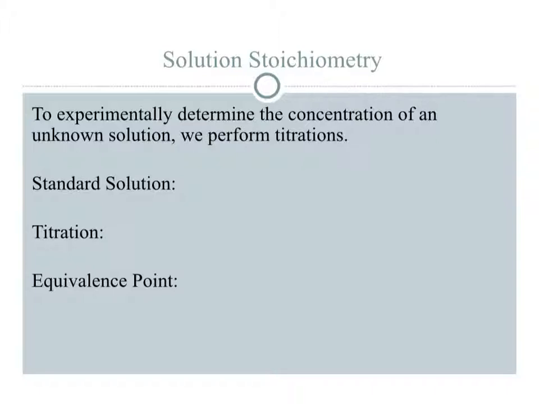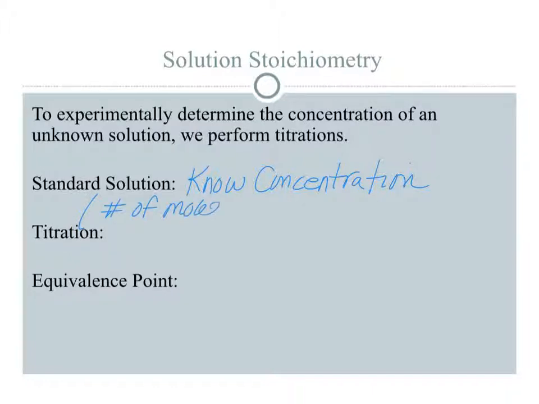All right, to experimentally determine the concentration of an unknown solution, we perform what's called titrations. And you did this in Regents Chem. It's where you have a standard solution, so that means known concentration. And what do I mean by known concentration? I mean I know the number of moles per unit volume.